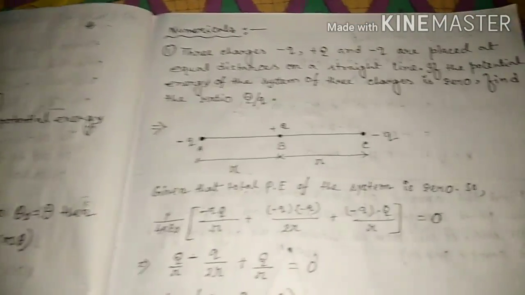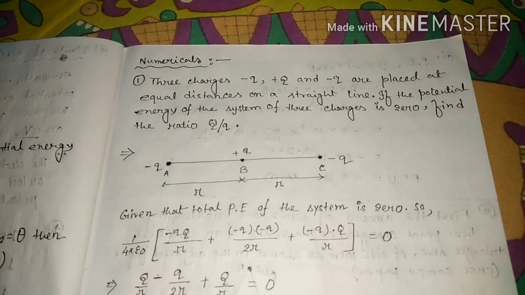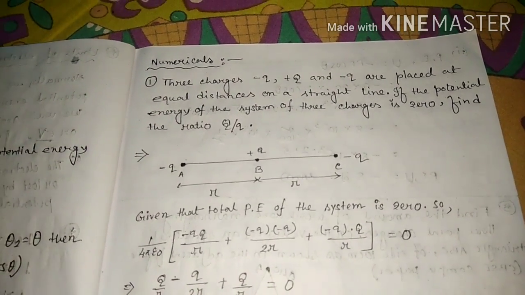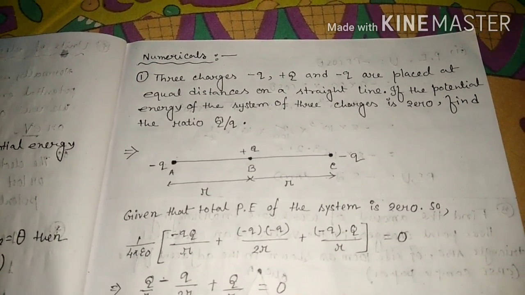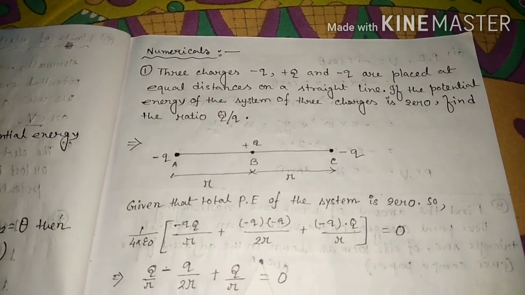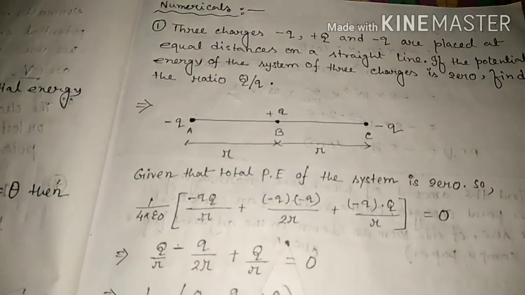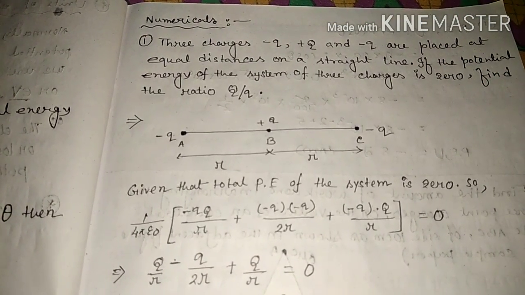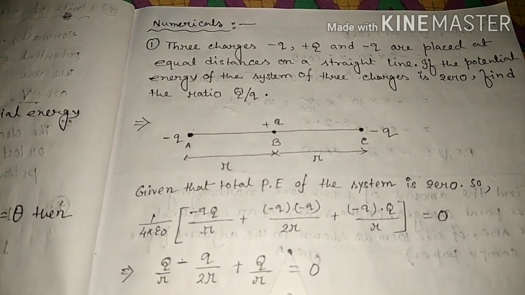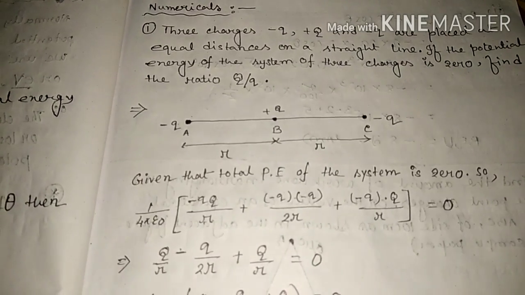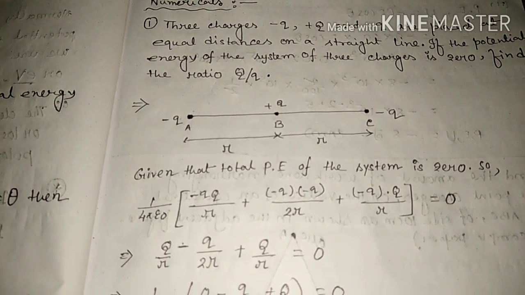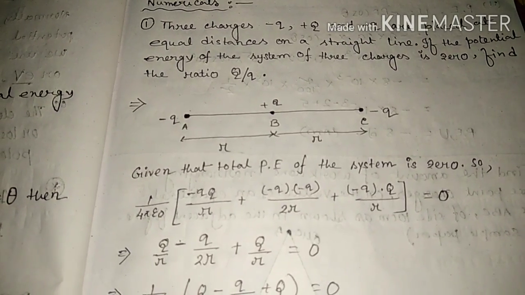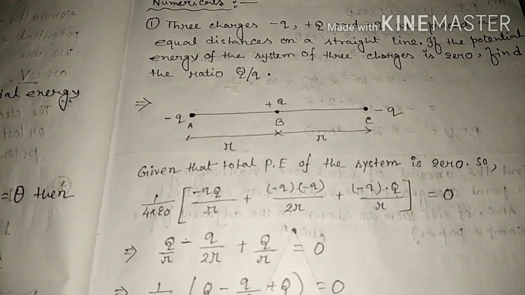First numerical: three charges, minus q, plus Q, minus q, are placed at equal distances on a straight line. If the potential energy of the system of three charges is 0, find the ratio of Q by q. As shown in the figure, we consider A, B and C. At point A minus q, at point B plus Q, at point C minus q, with equal distances between them. The potential energy of the system is 0.